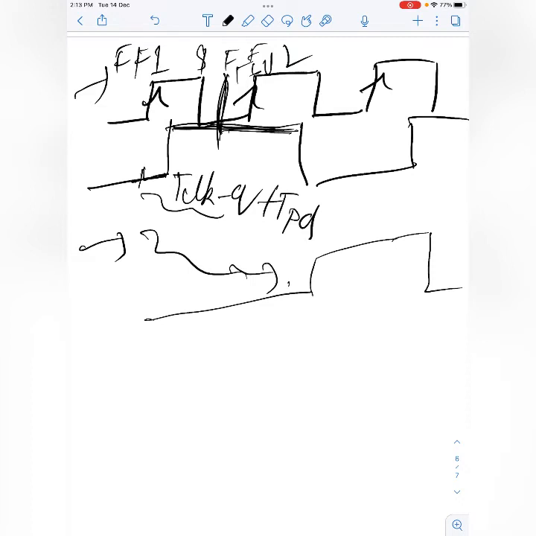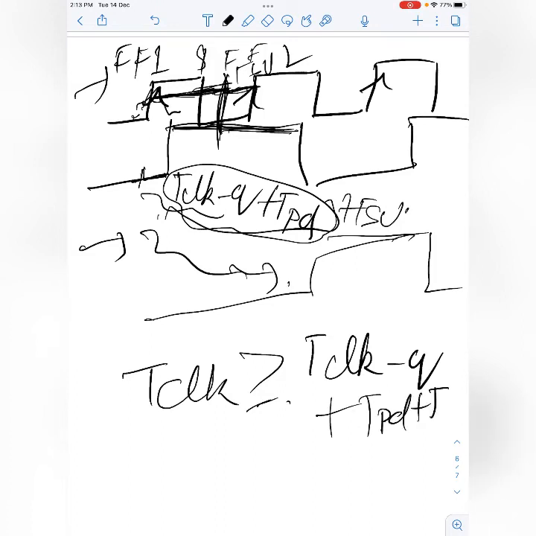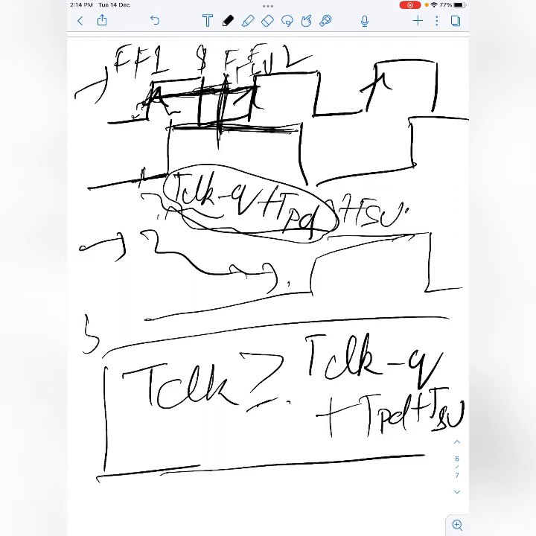Now see, this delay plus this delay must be less than the whole clock period, else the input captured here would violate the setup requirement. So this is basically our setup time equation.